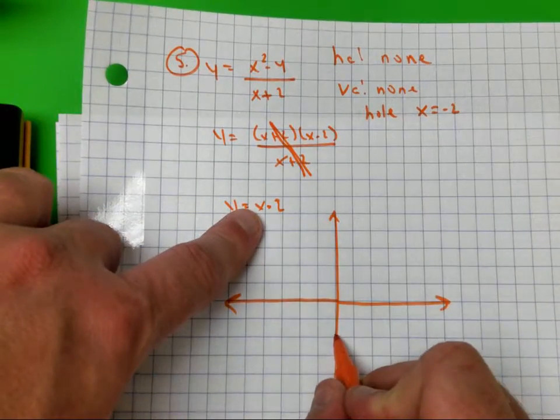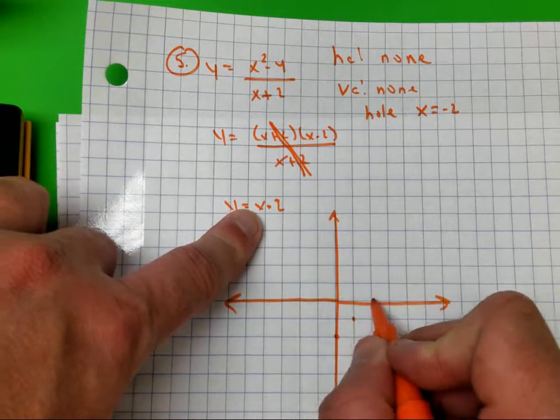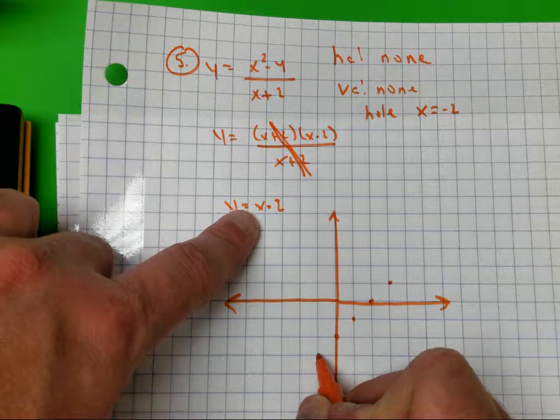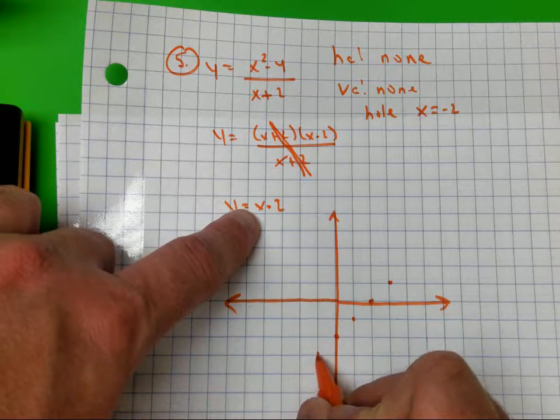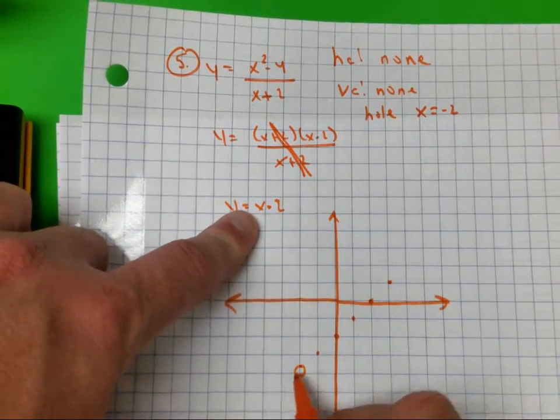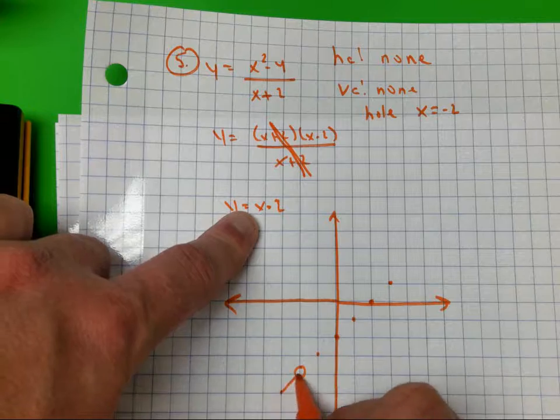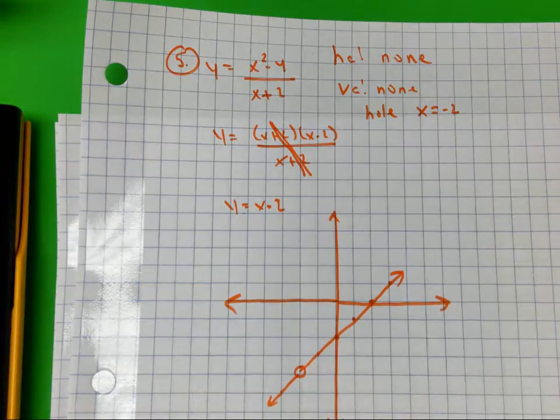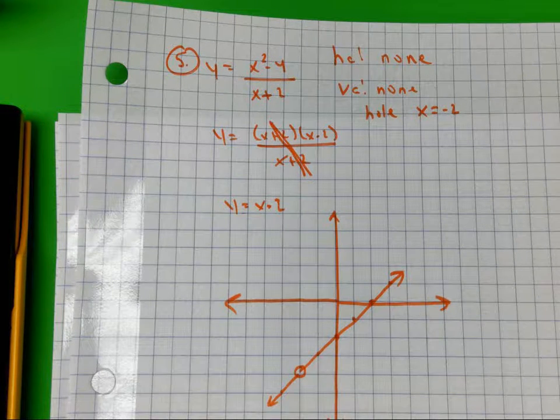Slope-intercept, negative 2, up 1 over 1, up 1 over 1. Go backwards. Now my hole is going to be at negative 2, so I'm going to have an open dot there because x is negative 2. And that would be my graph of this function.